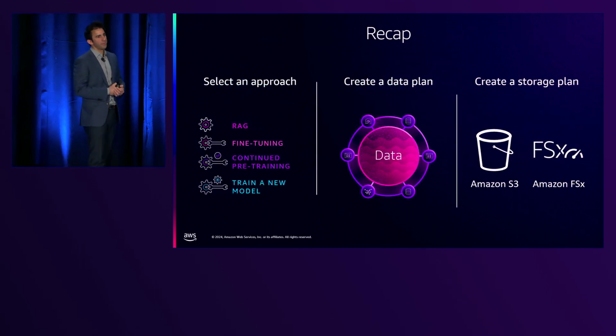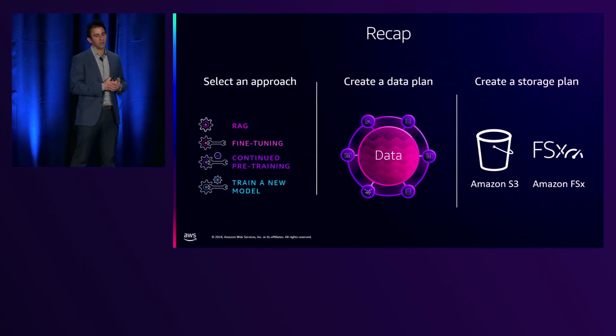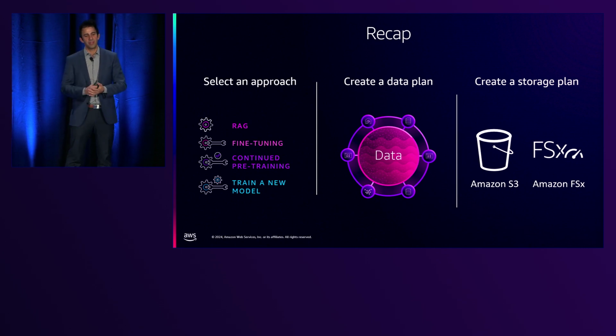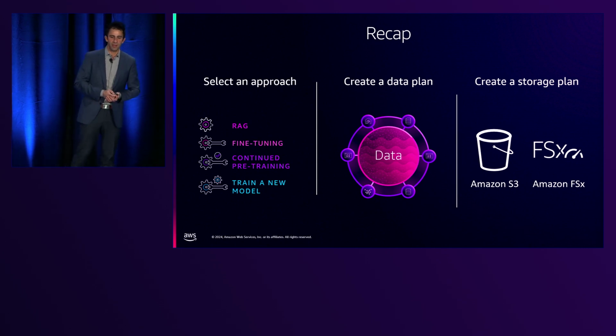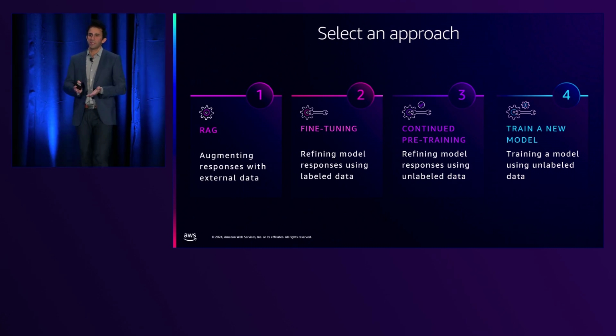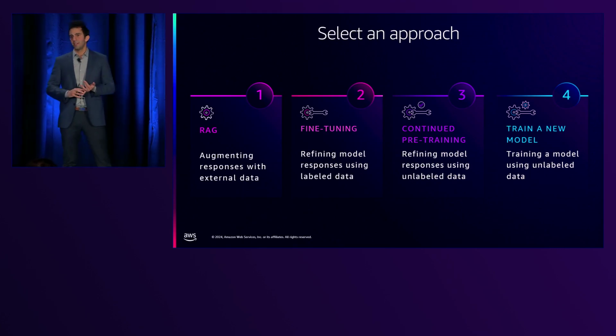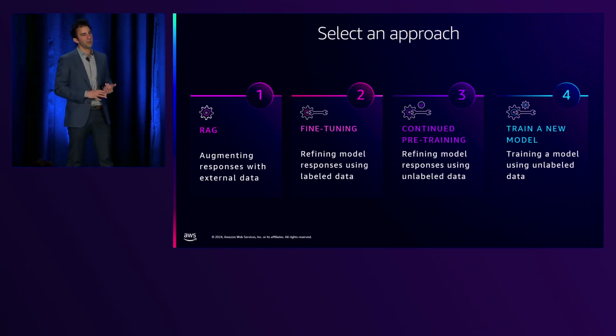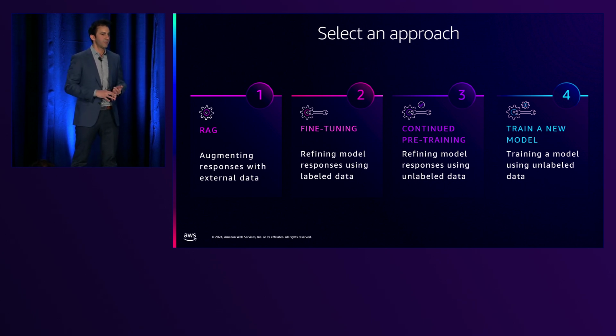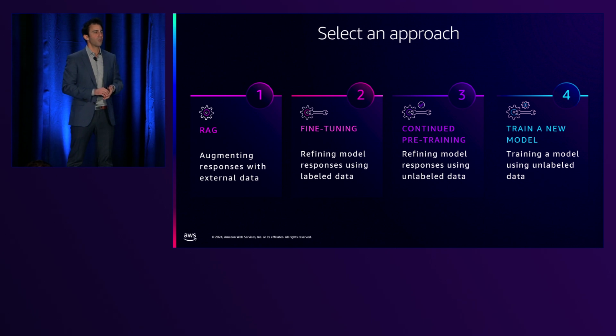So to recap, we talked about selecting an approach, we talked about creating a data plan, and creating a storage plan. When you're selecting an approach, RAG is ideal if you're going to try to take an existing model and give it access to your own external data sets without building them into the model itself. Gives you the ability to have highly accurate results because you're going all the way down to the source of the information rather than allowing the model to interpret and come up with its own response on its own.